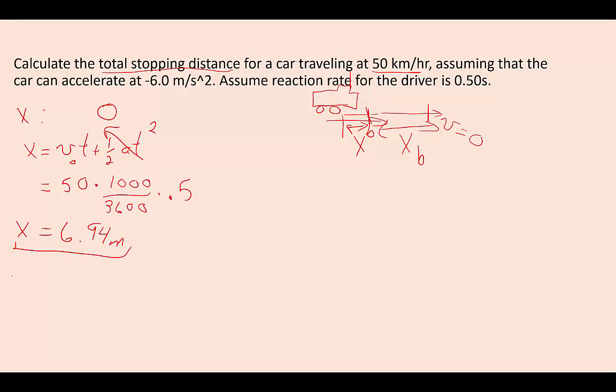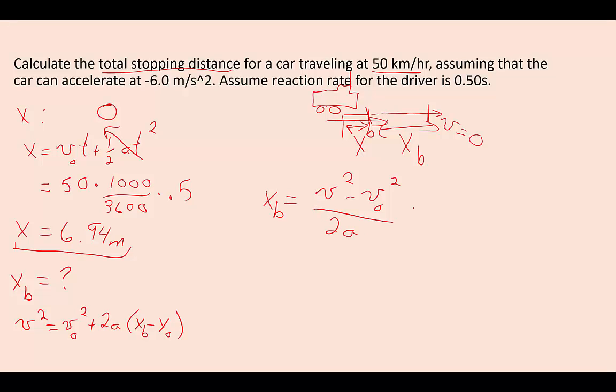Now that we're braking, we want to find out how far we go there. We don't know how long it takes us to go that distance, but we do know the equation v squared equals v naught squared plus 2a delta x. So we can solve that for x, and x is equal to v squared minus v naught squared over 2a plus x naught.